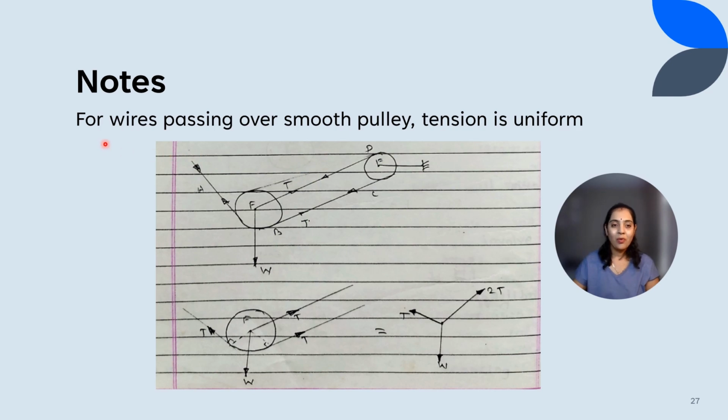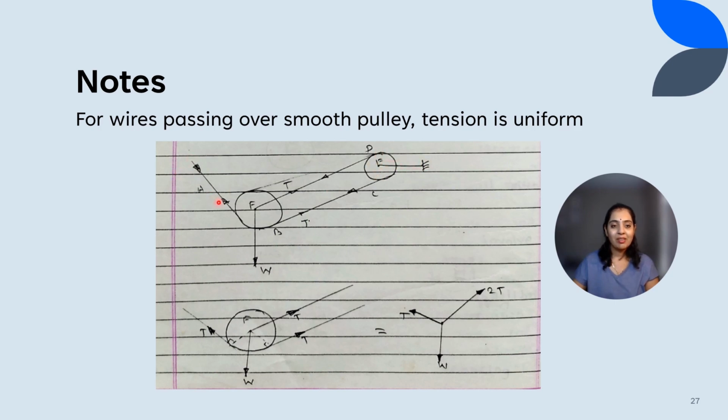Notes. For wires passing over smooth pulley, tension is uniform. So here this is the pulley wheel and this rope is on this pulley. This pulley is fixed.